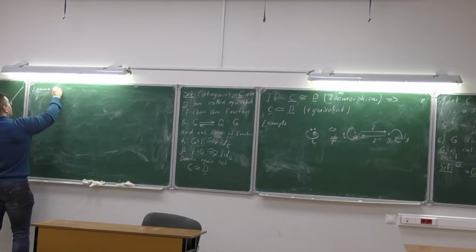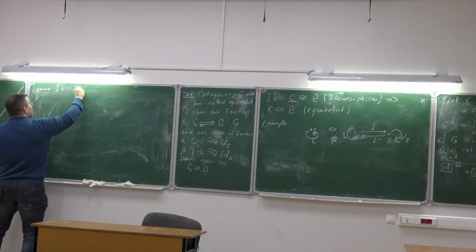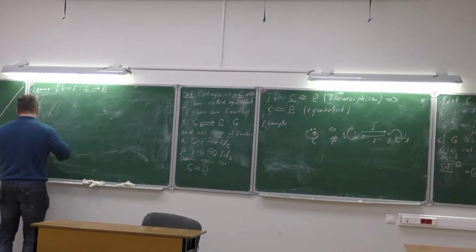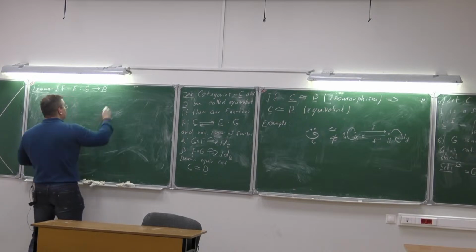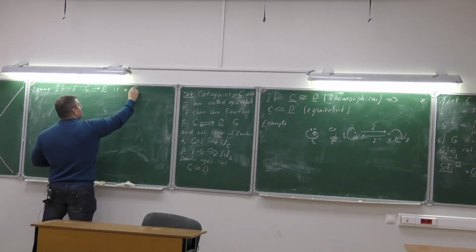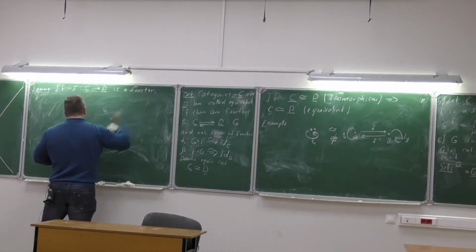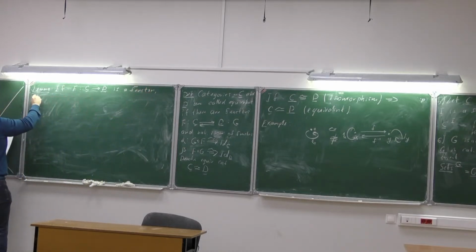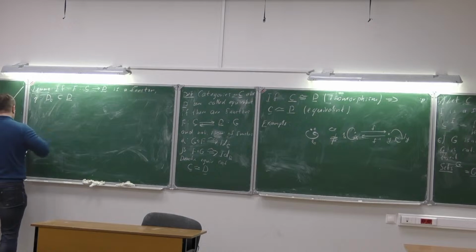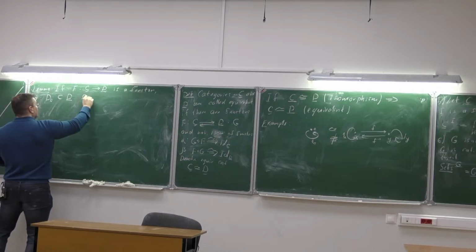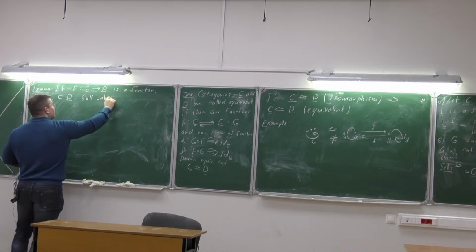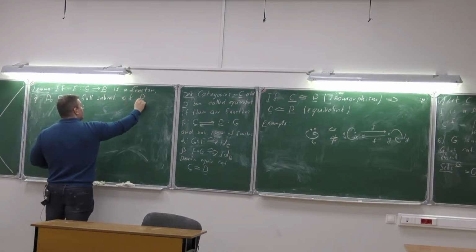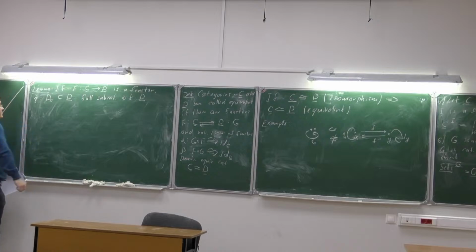So if F is a functor from the category C to the category D, this is what we're given, and I'm also going to use D naught to be a full subcategory of the category D. For any full subcategory, of course, I have a canonically associated functor which just embeds this full subcategory into the category.